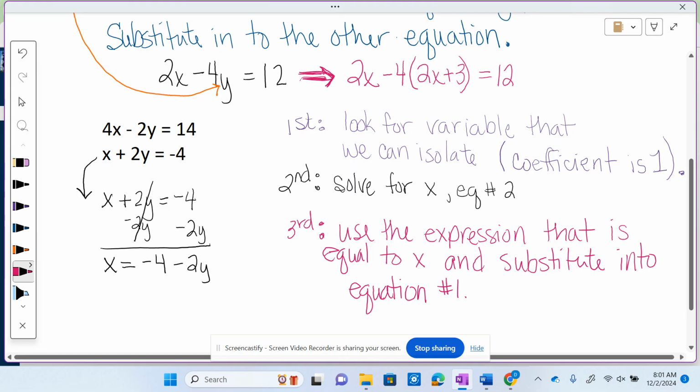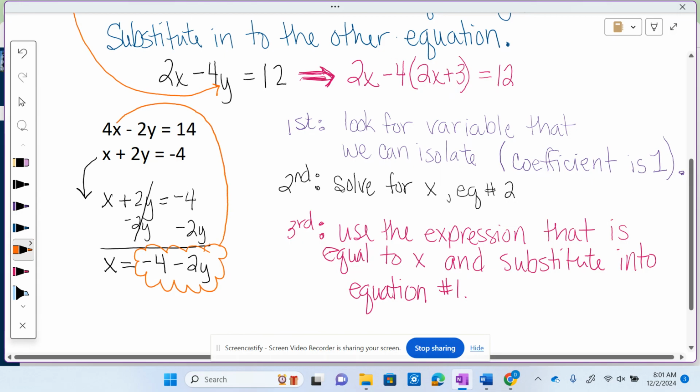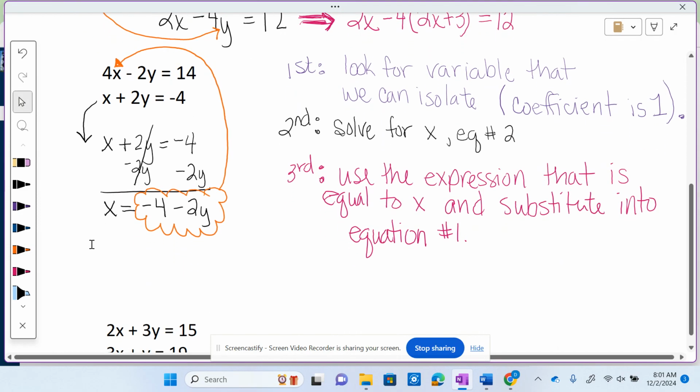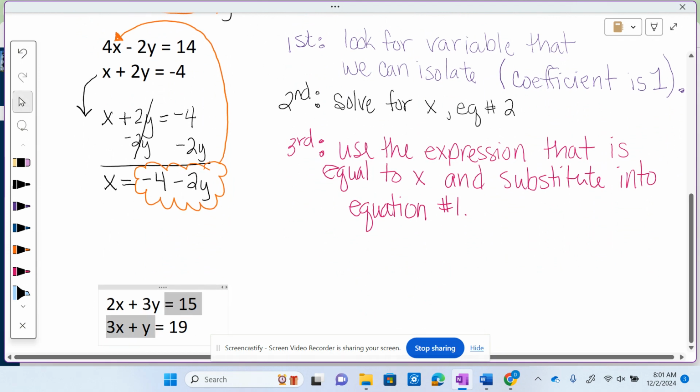We're going to substitute it into equation number 1. So what does that mean? That means that I'm taking this expression, negative 4 minus 2y, because this expression equals x, and I'm going to plop that in the place of x in the first equation. That's what that means I'm going to do, okay? So that's what we need to show. Let me move this guy out of the way.